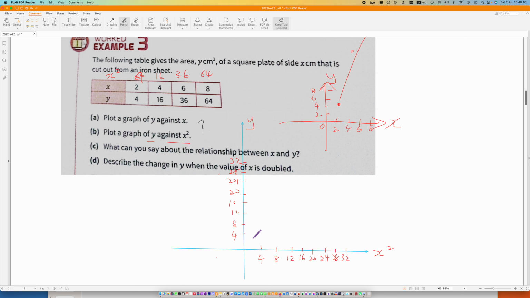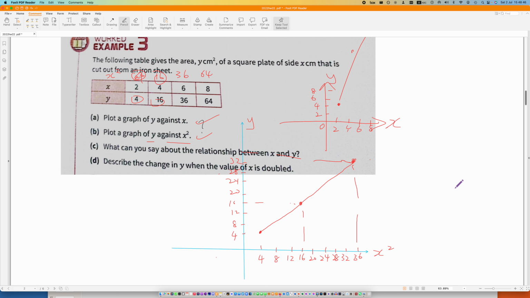So 4 is 4, first point. Then 16 is 16, 16 is 16. Then 36 is 36, so one more. Then you connect. So this is your y. Done. Okay, what can you say about the relationship?